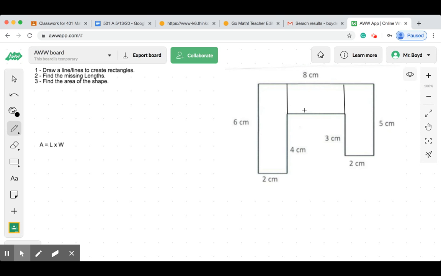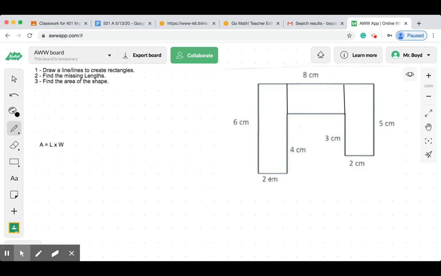Now if I look here, this 8 centimeters represents this entire line right here. Now, for this rectangle in here, I only want to know this part right here. So I need to figure out what this length right here is equal to. And this is where opposite sides will help us.